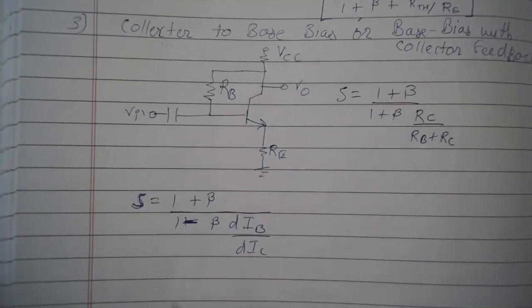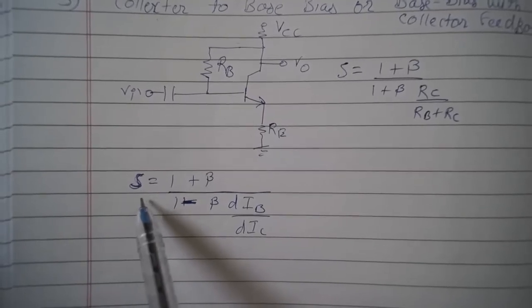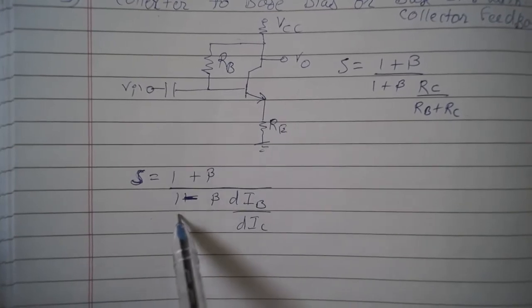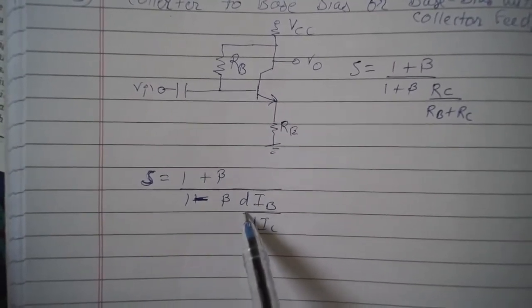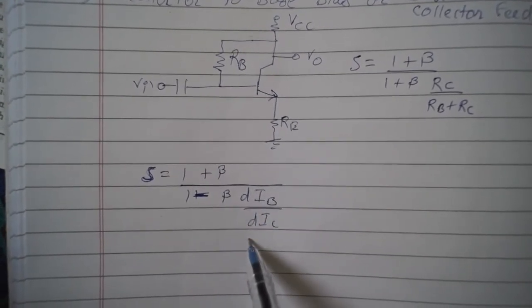You can also say the stability factor is mainly given by S equals 1 plus beta divided by 1 minus beta times the derivative of base current divided by the derivative of collector current.